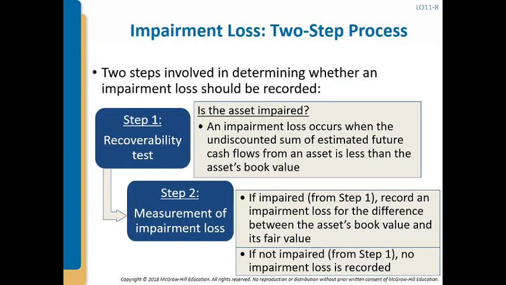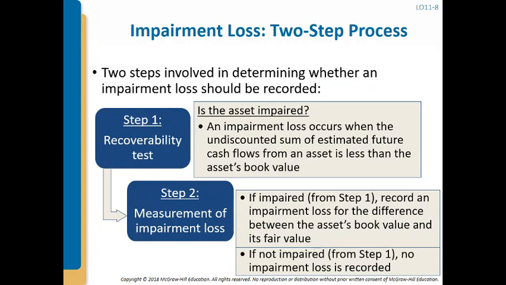If the answer is yes, then you go to step 2. You measure the impairment loss by comparing the asset's book value to its fair value. If it's impaired, you recognize an impairment loss. If it's not impaired, meaning the fair value is more than or the same as the asset's book value, then you're not going to do anything.